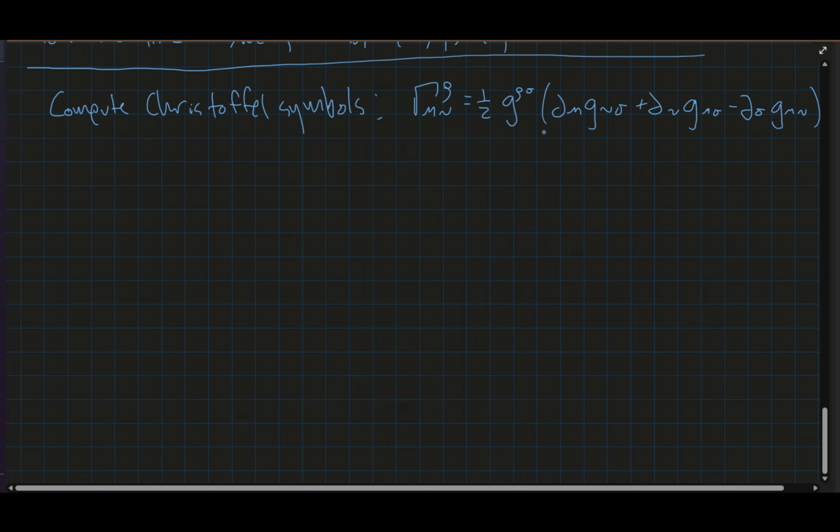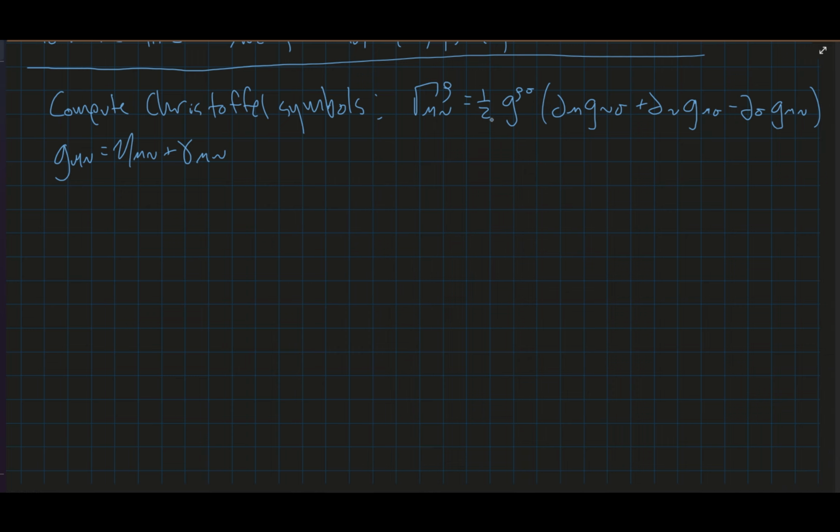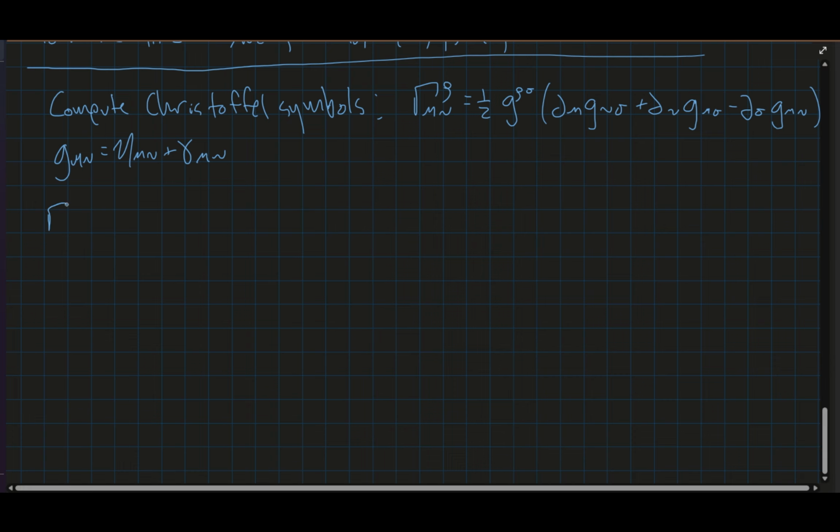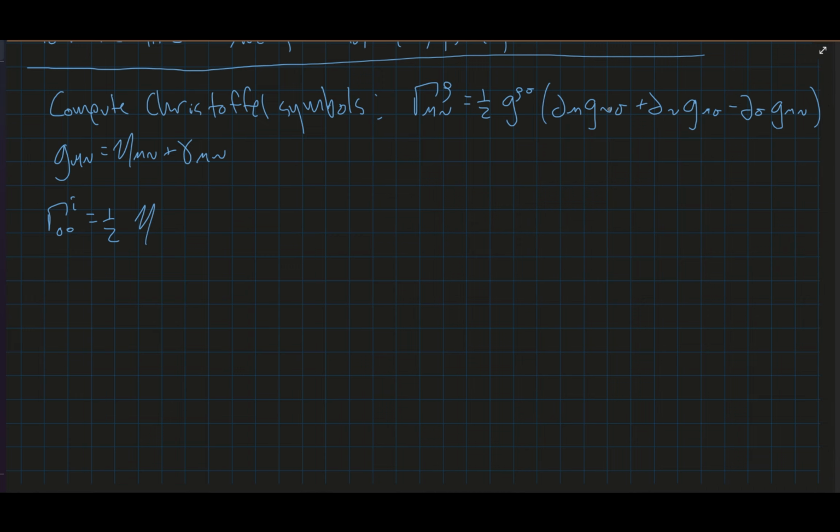So let's use the equation on the right, remembering that for us, g mu nu is eta mu nu plus gamma mu nu. So we can simplify this a lot right off the bat. So gamma 0, 0i is going to be 1/2 g. Actually, we already know that this can just be written as an eta, because the gammas will multiply by the gammas from the g's here and give us second order terms, so we can skip that.